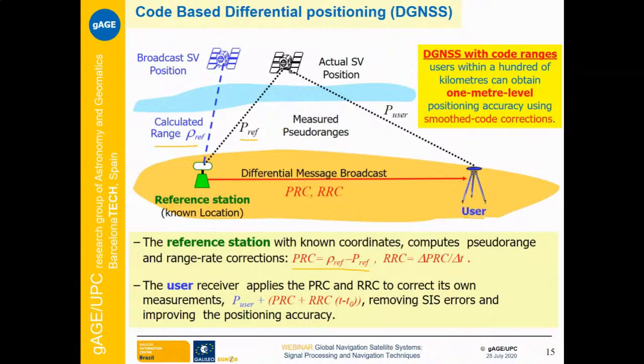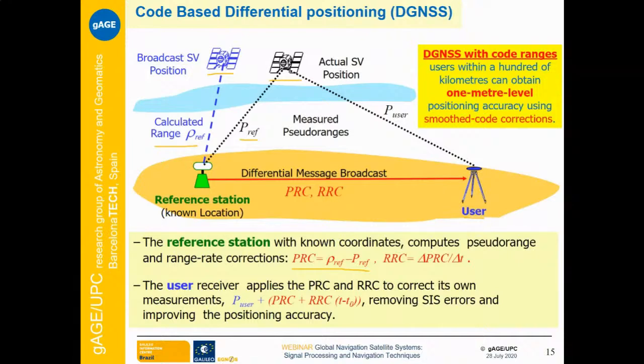And this takes into account that there are errors. For example, if we take the ephemerides error, we can see that the position that is broadcast by the satellite is in one place, but the satellite is in another coordinate. The actual position is not exactly coincident with the position that is broadcast by the satellite.